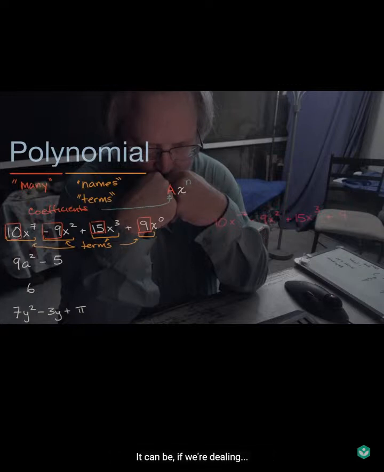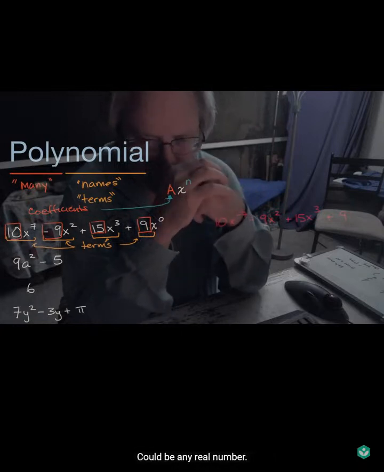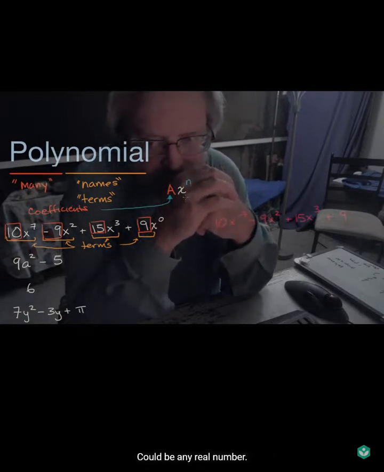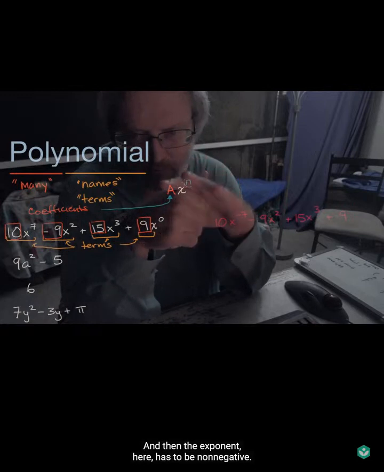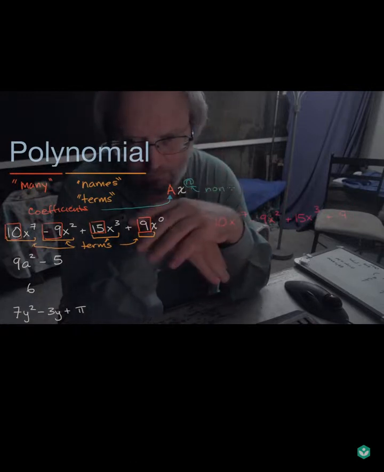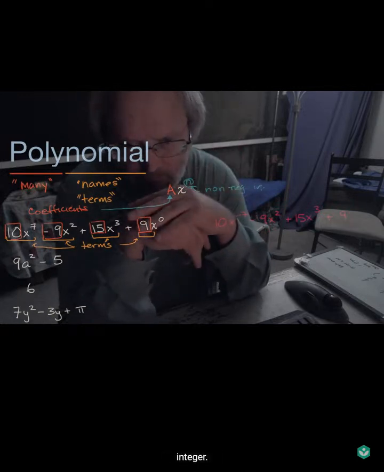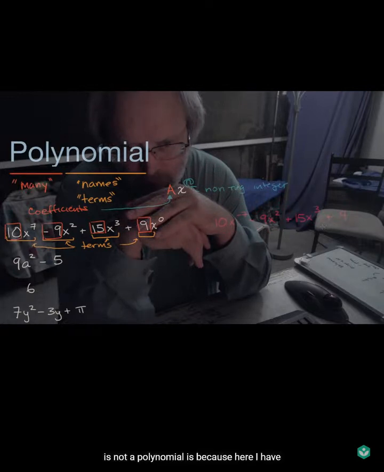It can be, well, I don't want to get too technical, it could be a positive, negative number. It could be any real number. We have our variable, and then the exponent here has to be a non-negative integer. So the reason why what I wrote in red is not a polynomial is because here I have an exponent that is a negative integer.